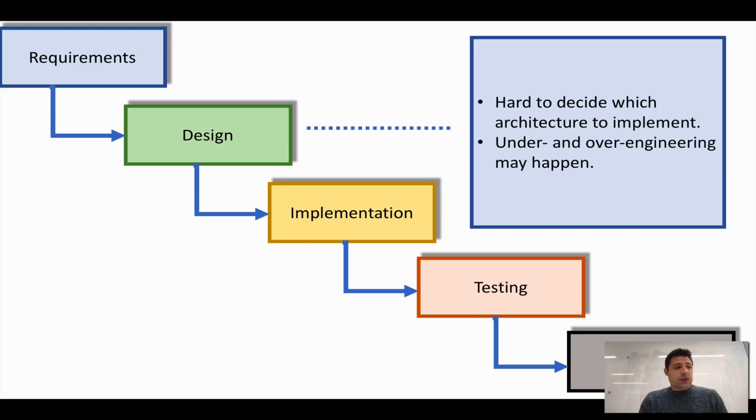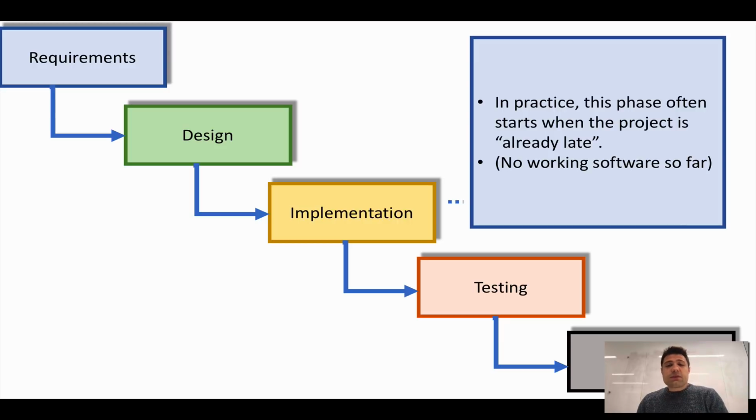And because of this, mistakes start to propagate throughout this chain, right? So you go to the architecture phase, and then it was just very hard to decide which architecture to implement. And in practice, we saw lots of under-engineering, meaning doing architectures that were not enough for the problem, or over-engineering, doing something way more complex than what you really needed.